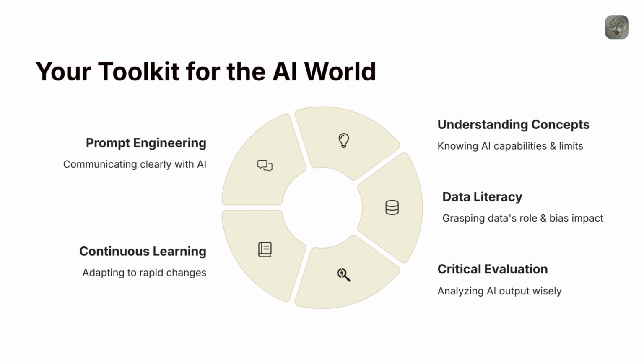Understanding concepts, knowing what the tools can and can't do. 3. Data literacy, understanding the fuel AI runs on. 4. Critical evaluation, not taking AI output at face value. 5. Continuous learning, staying updated. These are universally applicable skills for anyone engaging with AI today.